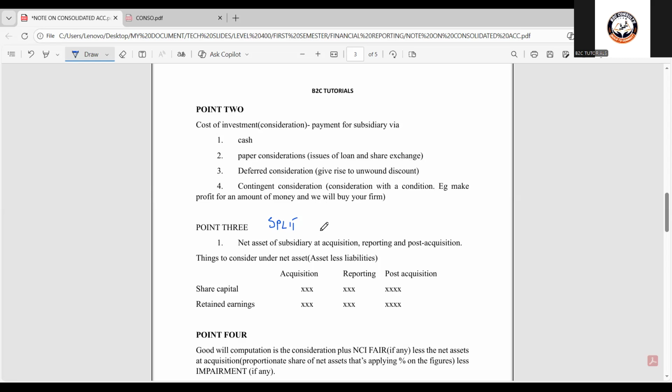A and B. A is a parent. B is a subsidiary. B bought goods from A, couldn't sell all the goods, but then made some profits on it. So those goods that are left, the profits that are on those goods, we call them unrealized profits. So we need to come and then less it again from the split account.